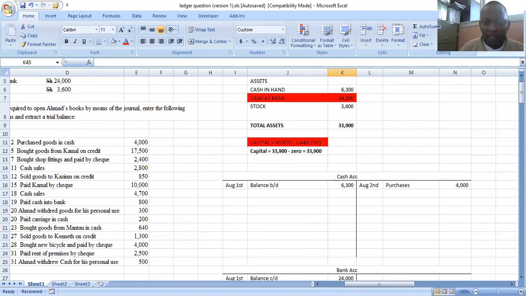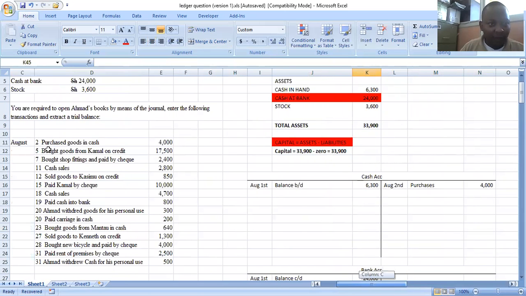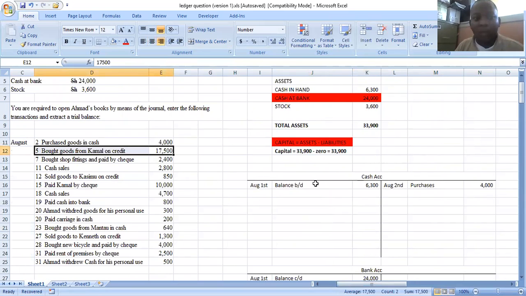Then move on to the second transaction, on August 5th: bought goods from Kamal on credit. In this case, the business bought goods from Kamal and did not pay him, so we have a credit. The two accounts here are purchases and Kamal's account, since Kamal is now our creditor.